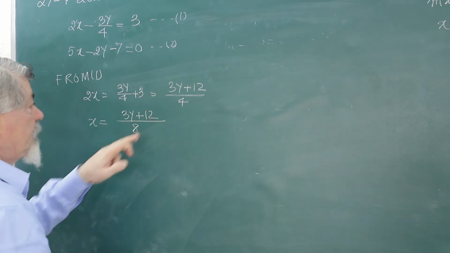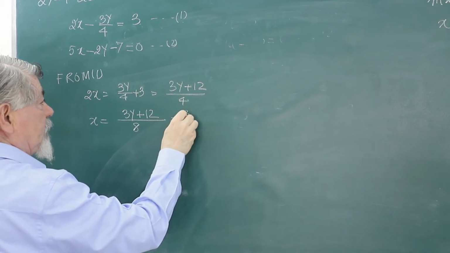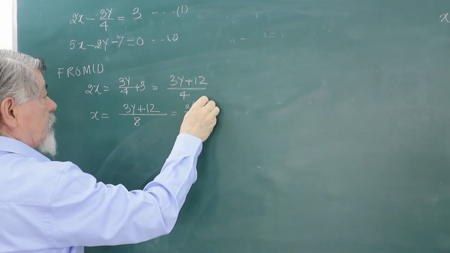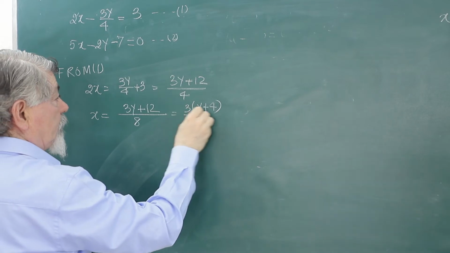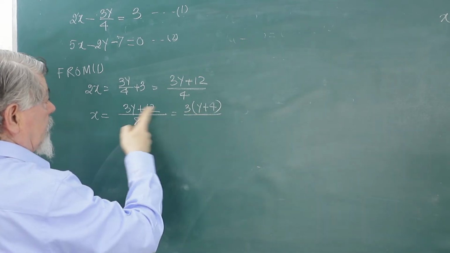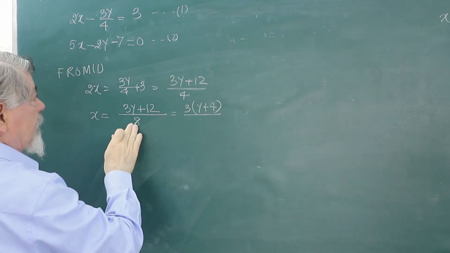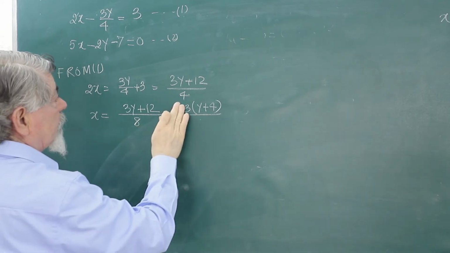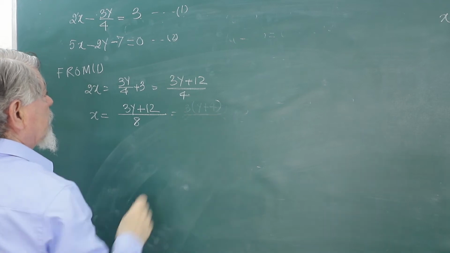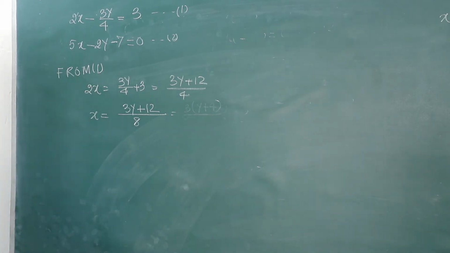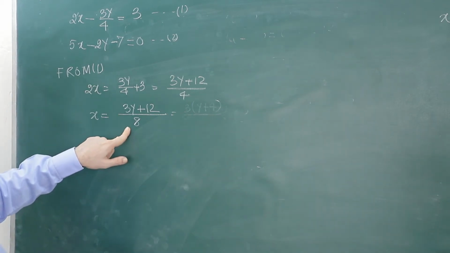Out of 3y plus 12 I can take out 3 common, so 3 into y plus 4 upon 8, but it doesn't make any difference. It doesn't change anything because I cannot cancel anything from the denominator, so let it be 3y plus 12 upon 8 only.